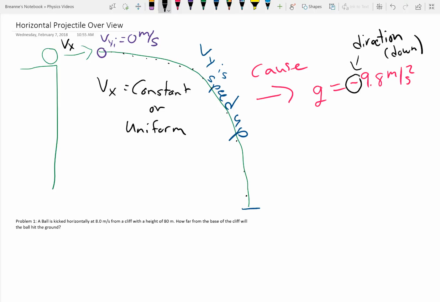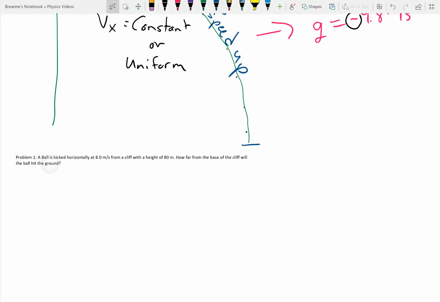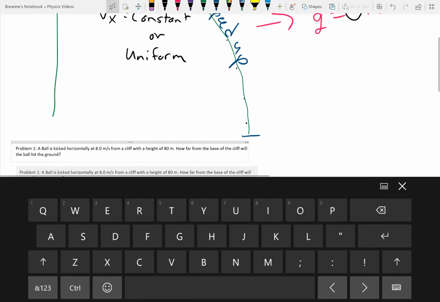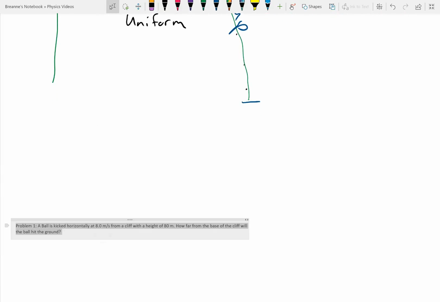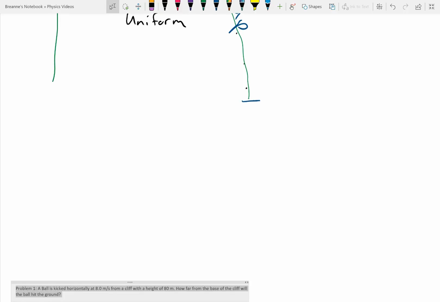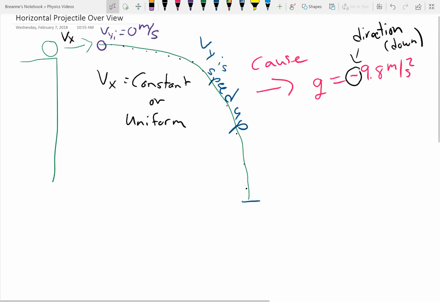So, before we do a practice problem, we're just going to move that down. Let's look at some equations. Remember, in the y direction, go back to your graph.